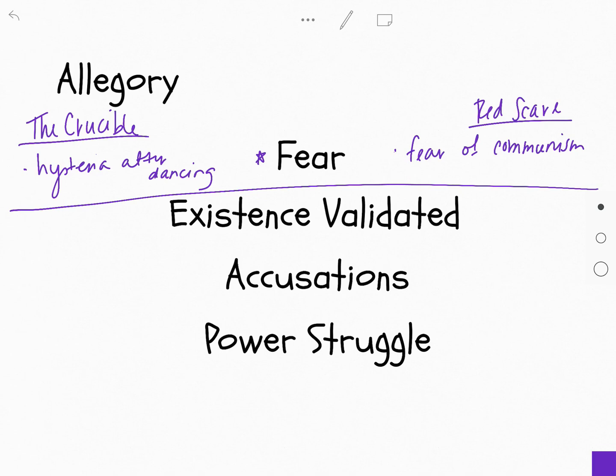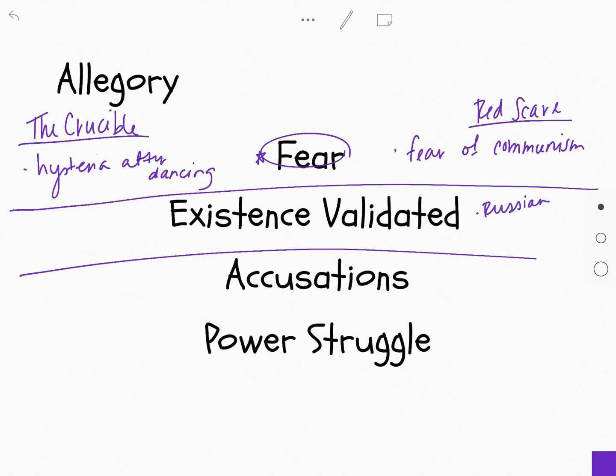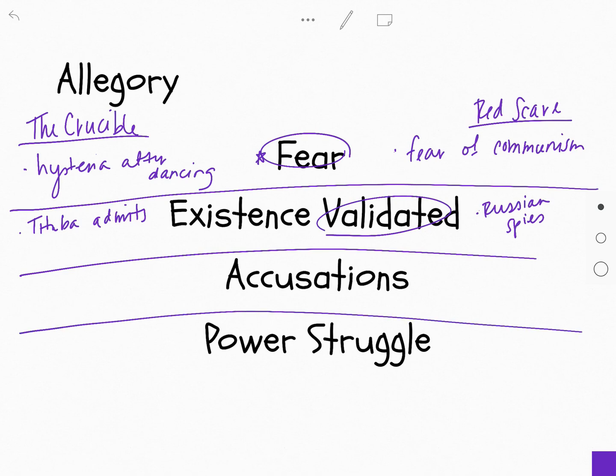In this case, we can see the parallel is fear. Then the existence of what they feared is validated. So like in the Red Scare, some Russian spies were uncovered. Some people did admit to being communist. Whereas like in The Crucible, Tituba admits to practicing voodoo, which they take as witchcraft, right? But it validates those fears that they have. So in both The Crucible and the actual Red Scare, we get that validation of the fear.